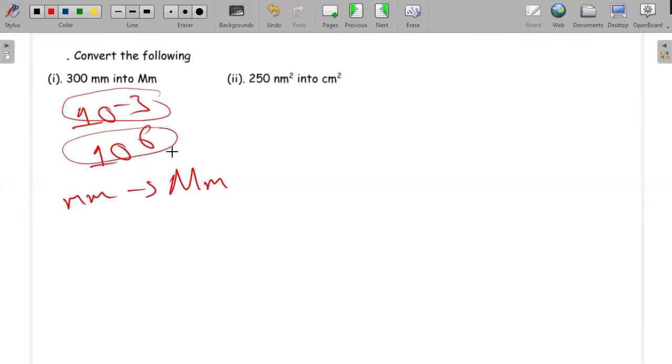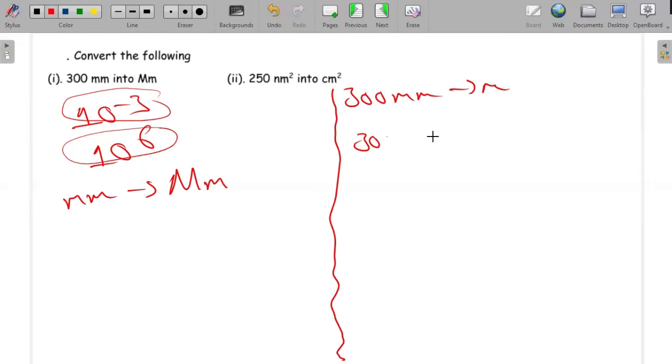Okay, so let's just solve it in two different ways. Let's convert first 300 millimeters to meters. So we're going to say 300 millimeters multiplied by the conversion factor, which is 1 meter being equal to 10 to the power 3 millimeters.